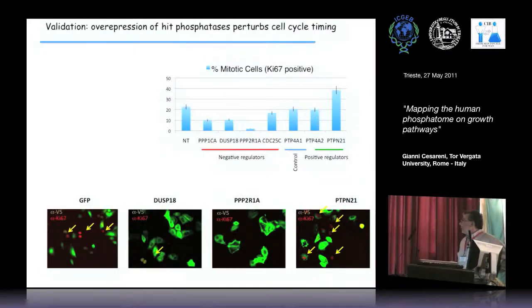What we observe is that the phosphatases that have been identified by our assay as positive regulators tend to increase the number of cells that are in S phase, in mitosis. The ones that have been identified as negative regulators actually have a lower number of cells in mitosis.